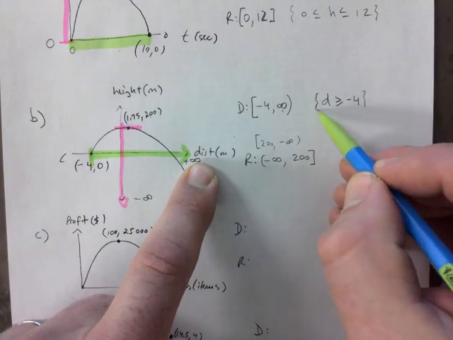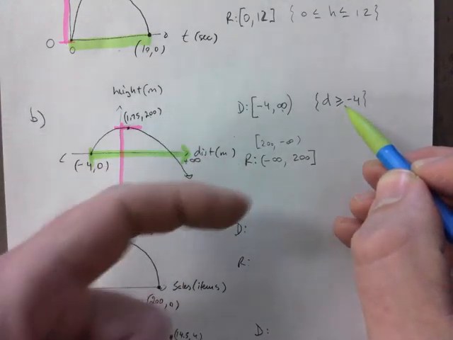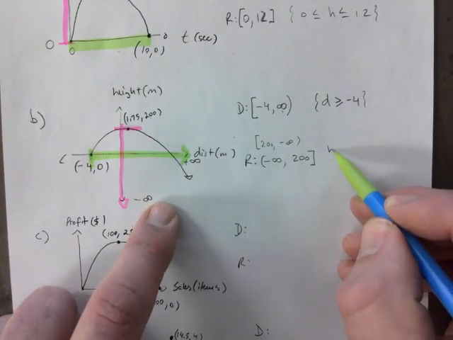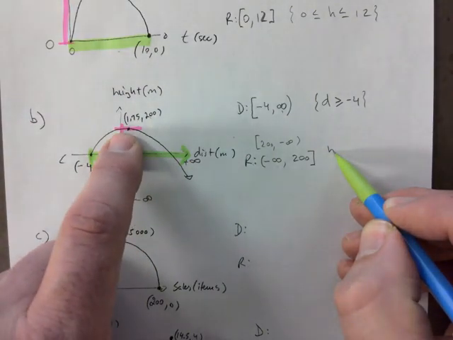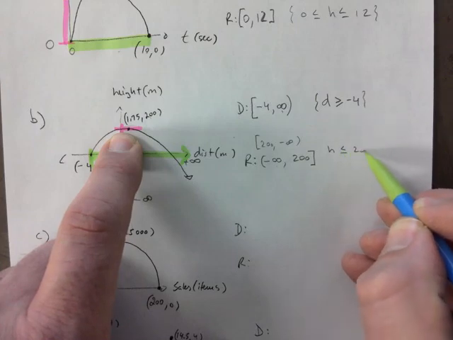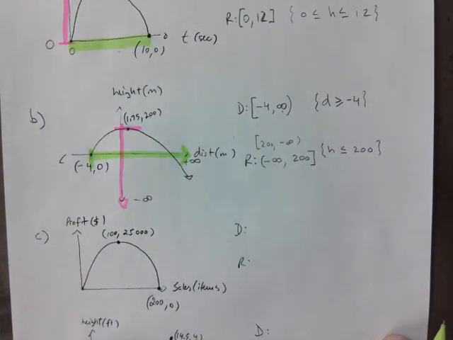D is greater than because this graph is going towards the right side. For h, in this case, it's going down from the maximum point. So you go less than or equal to 200. That's how you would answer that question in set notation.